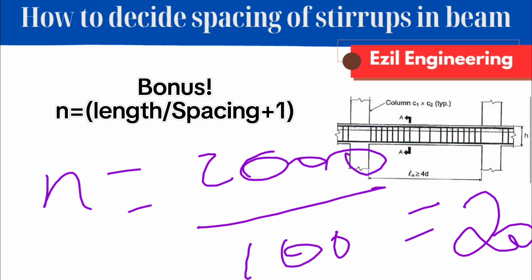So 2000 divided by 100, which is 20. So the total number of stirrups is 20 around the left side of the support. So you can calculate the total number of stirrups like this and add the total length.